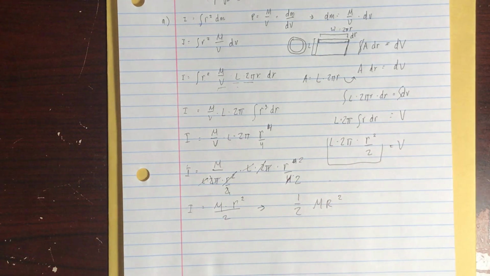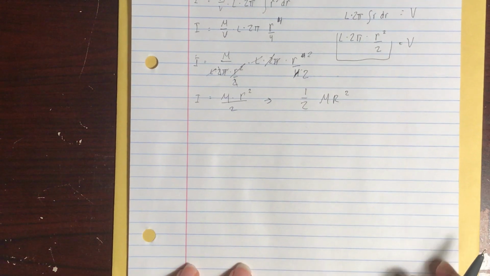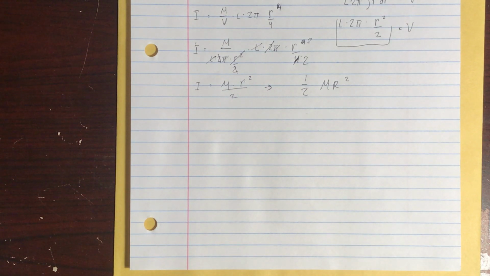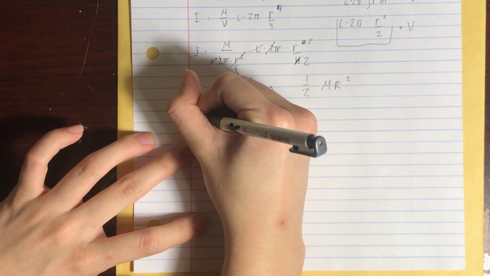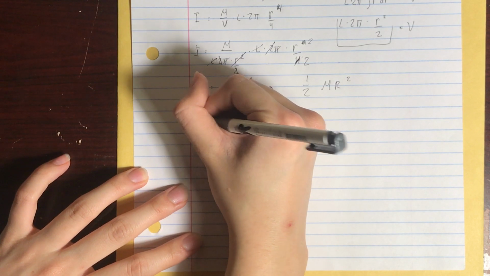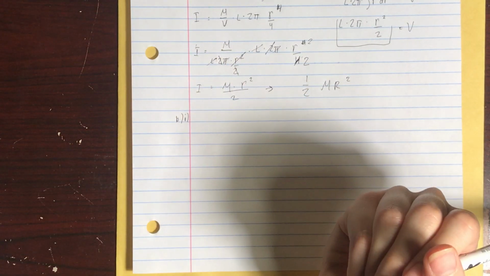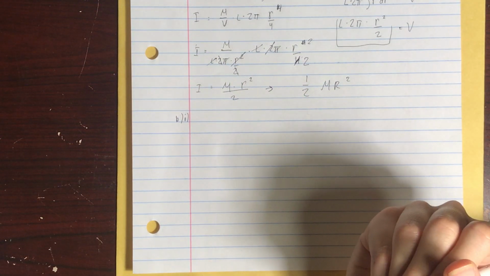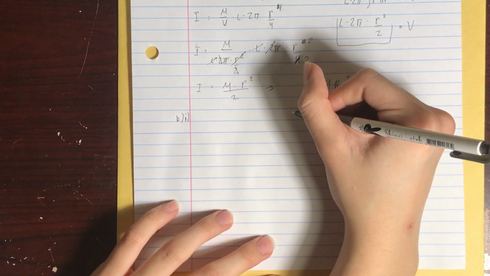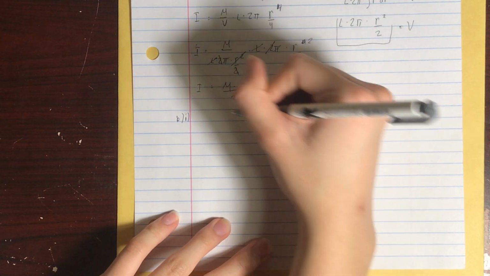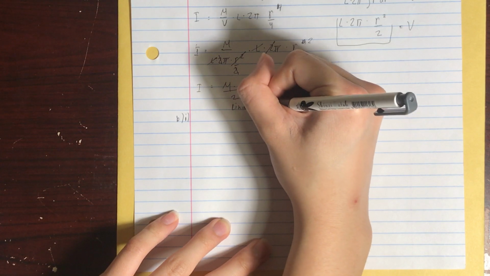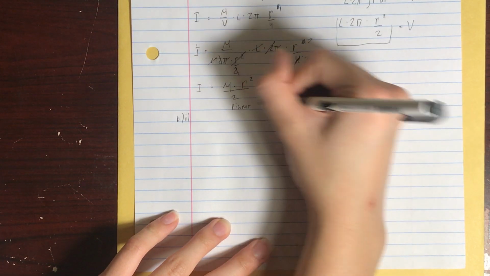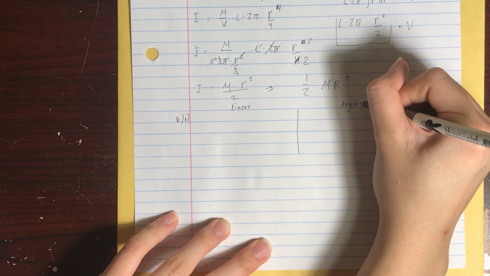So that's part A of FRQ1, and now we're going to move on to part B. Part B1 asks us to calculate the linear acceleration of the block. To do that, we're going to have to use linear acceleration and angular acceleration.